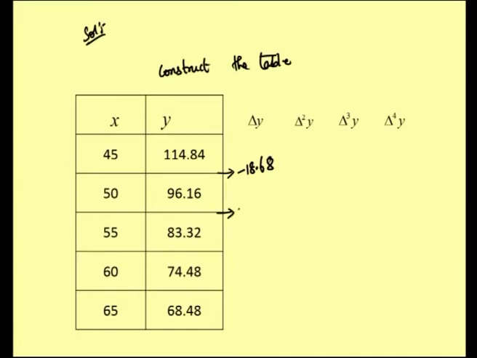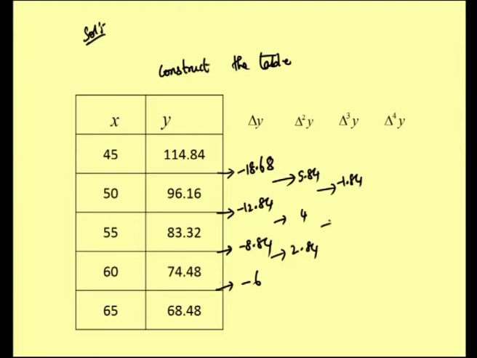The next value is minus 12.84, that is 83.32 minus 96.16, likewise minus 8.84 and minus 6. Then the del square values are minus 12.84 minus of minus 18.68, which is 5.84, then 4 and 2.84. Then 4 minus 5.84 is minus 1.84 and then minus 1.16. Del power 4 y is 0.68.